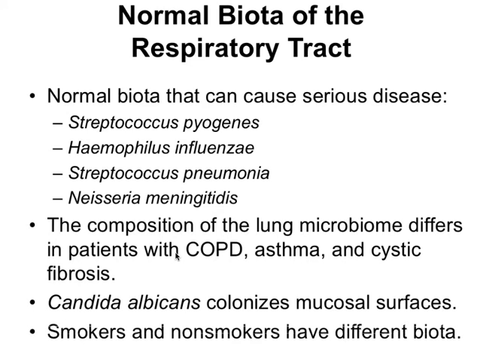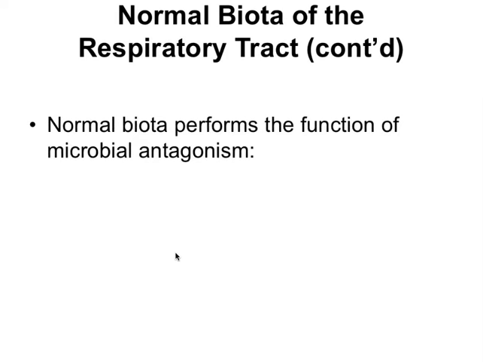Candida can also colonize the mucosa, and we should note that smokers and non-smokers have different biota. Again, the components of cigarette smoke act as a selective pressure for people that engage in that habit, and as a result, different organisms are going to grow there.